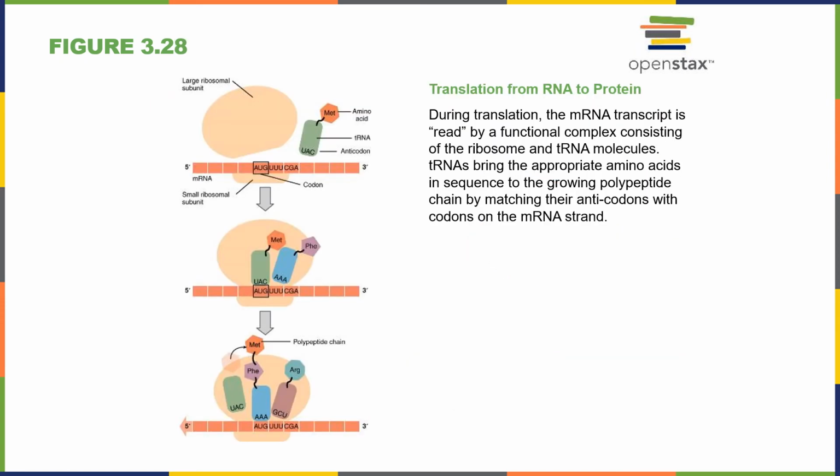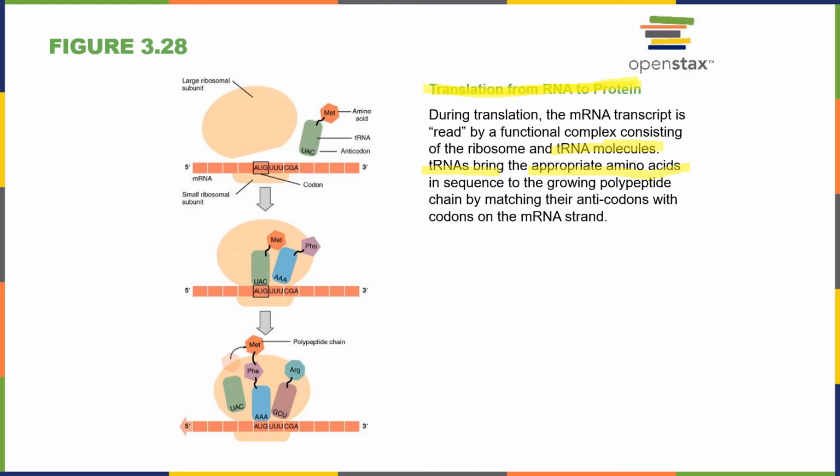All right, translation from RNA to protein. During translation, that messenger RNA is read by the ribosome, and we're also going to use these tRNA molecules to do that. The tRNA brings the appropriate amino acid. T stands for transfer.